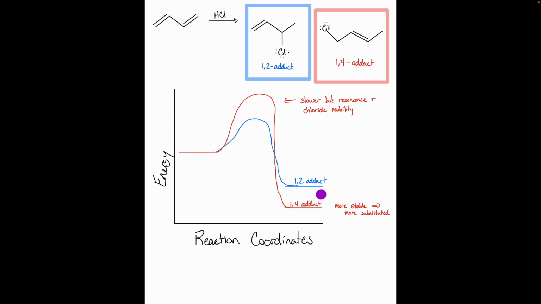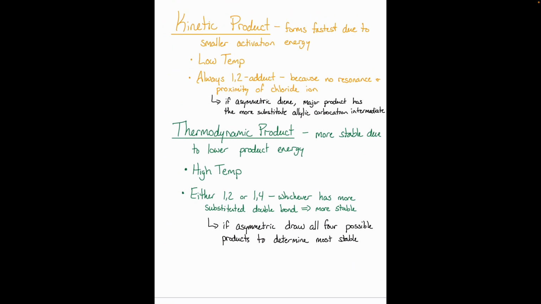All right? And what's going to be the major product at low temperatures versus high temperatures depends on this kinetics versus thermodynamics business. Our kinetic product will form at low temperatures. Our thermodynamic product will form at high temperatures. All right, so let's try to do one that's a little bit more difficult. We'll use an asymmetric diene here.